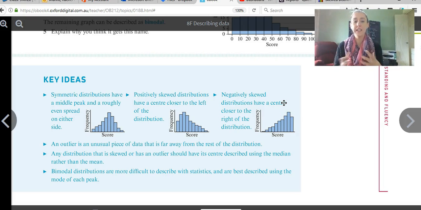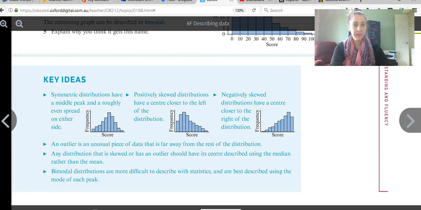So when you see it like this, just think about which end is going to pull. Is it going to pull it down, which would be negative, or is it going to pull it up, which would be positive? Hopefully that will get your head around not only positively skewed and negatively skewed, but actually help you understand what's going on with the data and why we call it a positive skew or a negative skew.